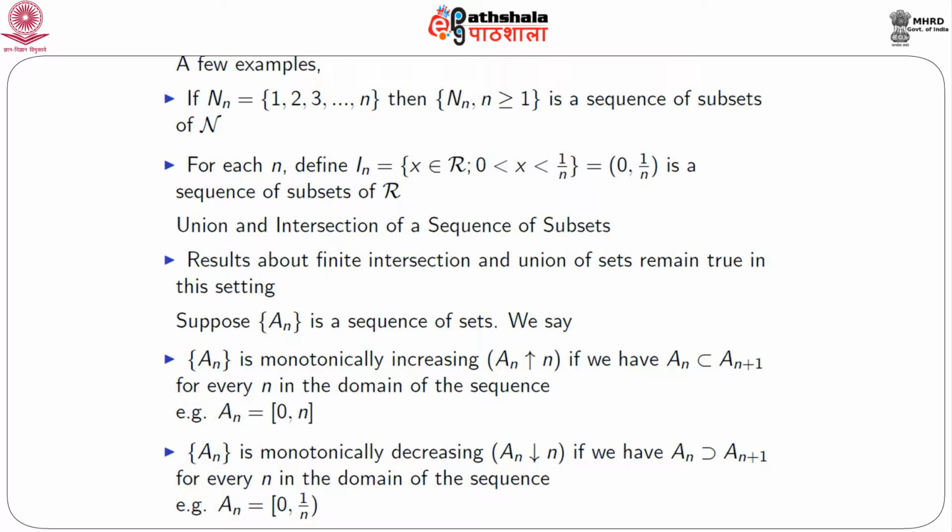If we have A_n a proper superset of A_{n+1}, that means as n increases, the set is getting decreased, we say that the sequence is monotonically decreasing. Take this example of the interval (0, 1/n], 0 open, 1 over n closed. If I increase n, every time it will get reduced. So, this is an example of a monotonically decreasing sequence.